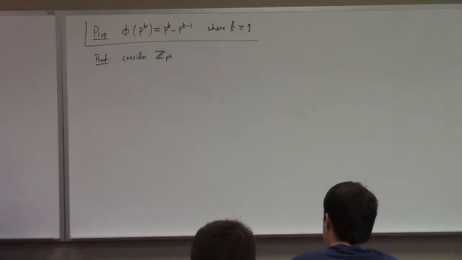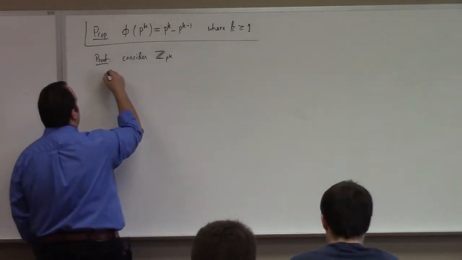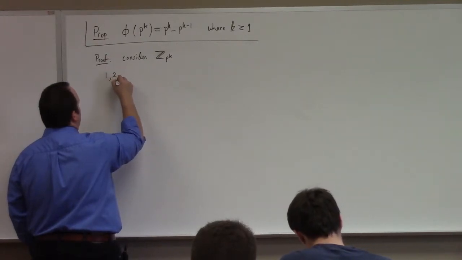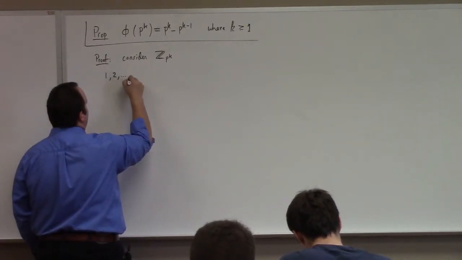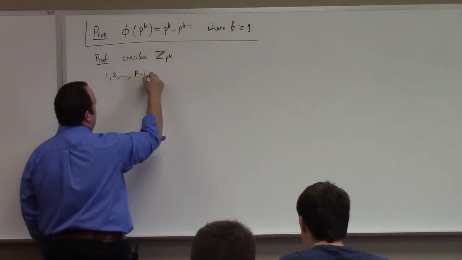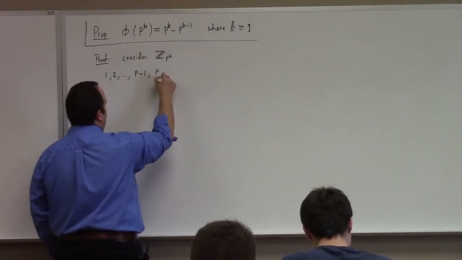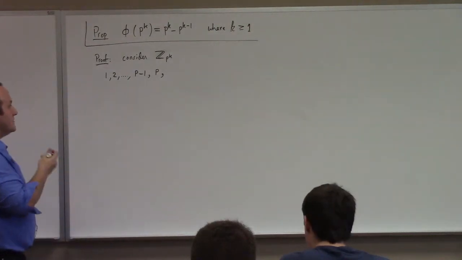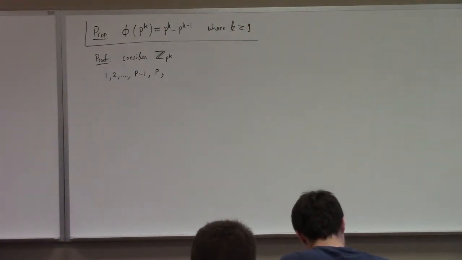P to the k. So if you start listing them, 1, 2, up to p minus 1, p, then what comes next? P times that list, right?